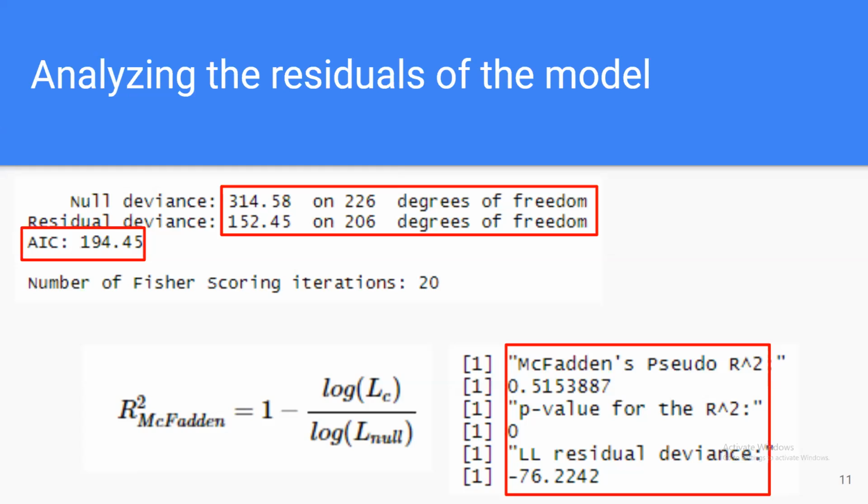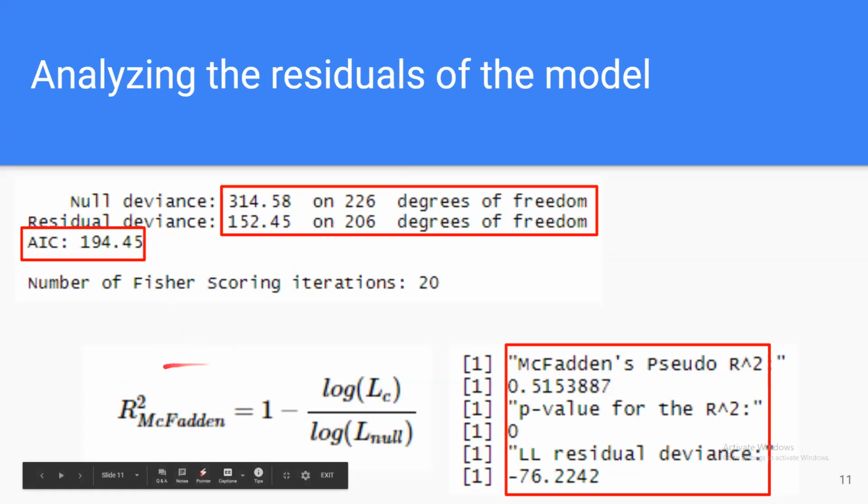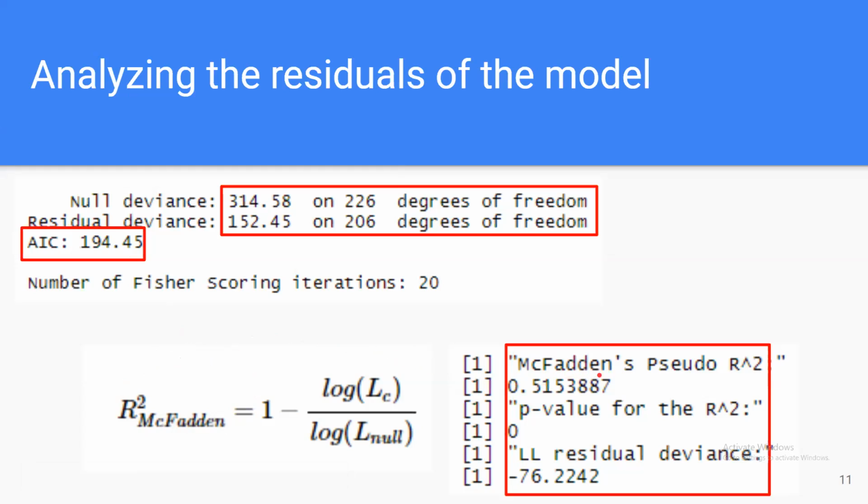and the AIC. Again, we compute the pseudo R squared from the log likelihoods, and we get a score of 0.51, which can be interpreted as the overall performance on a scale of 0 to 1. We can use the same log likelihoods to calculate the p-value for the R squared using a chi-squared distribution.